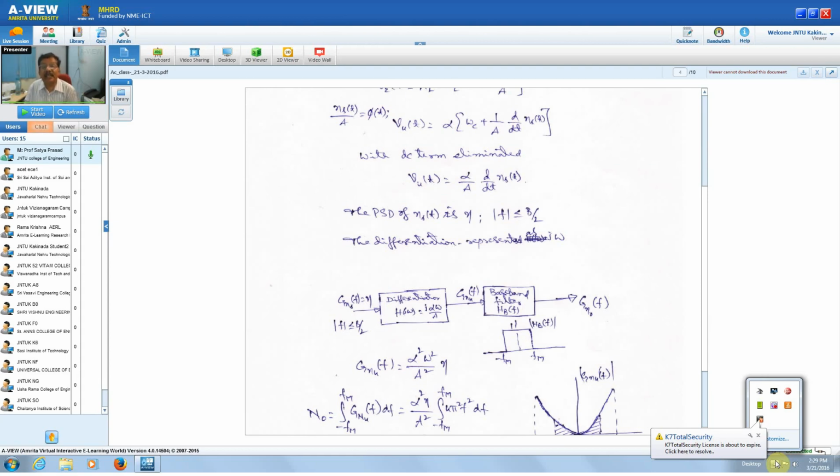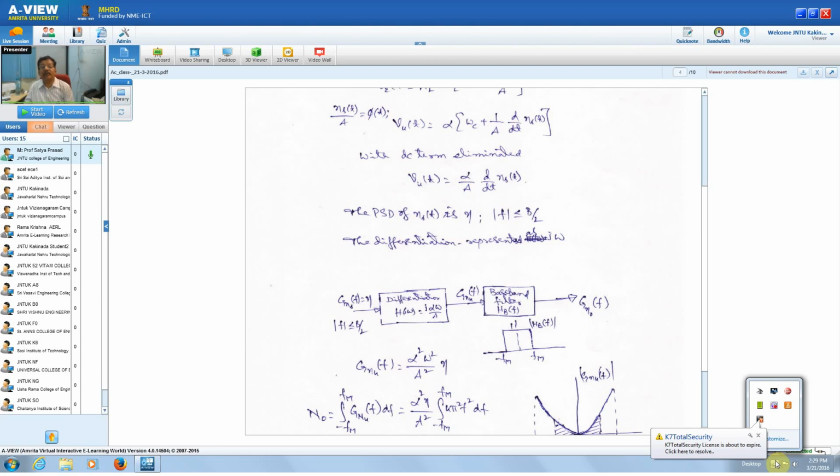The differentiation is represented as j omega, therefore alpha by A j omega as far as this noise is concerned. Therefore, the power spectral density of the noise signal is eta, and the bandwidth is plus or minus B by 2.